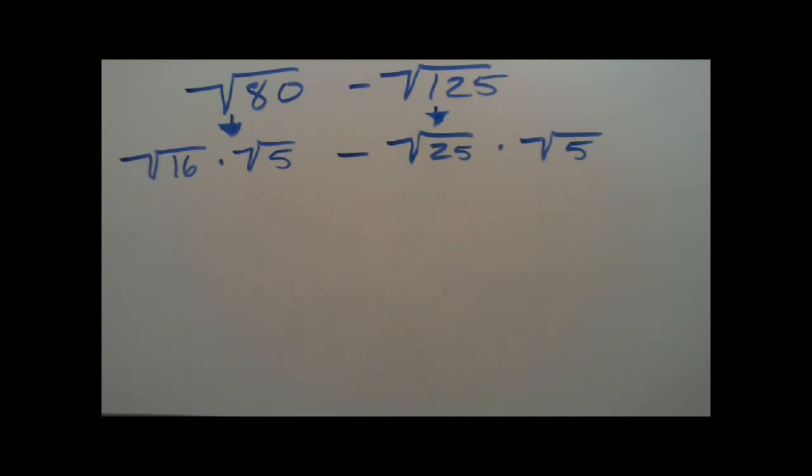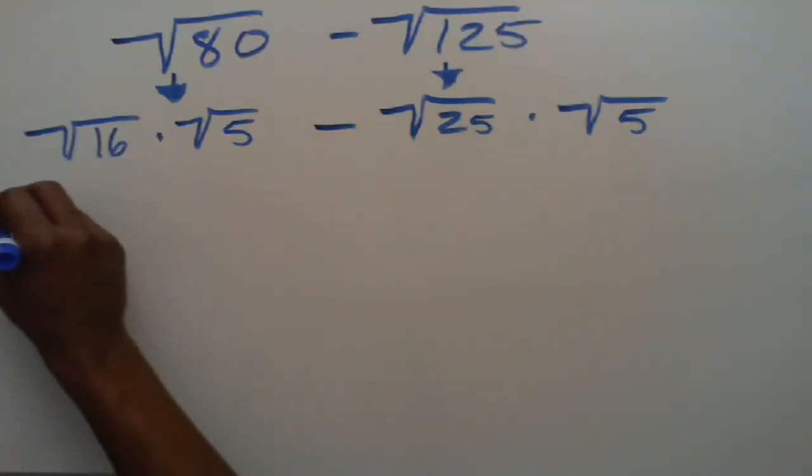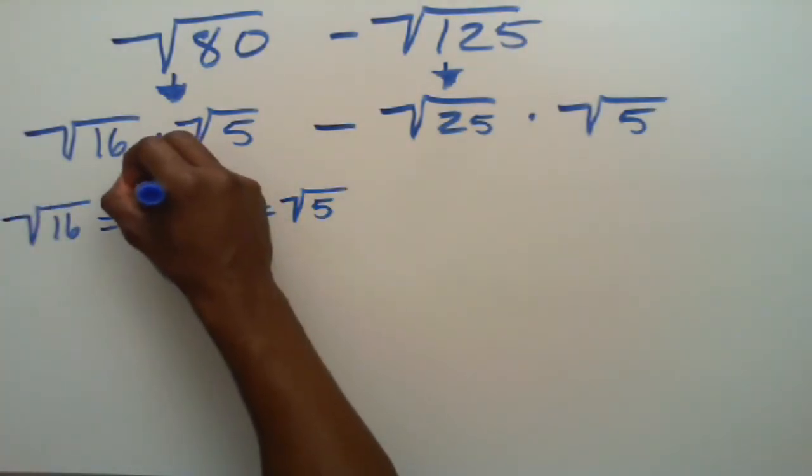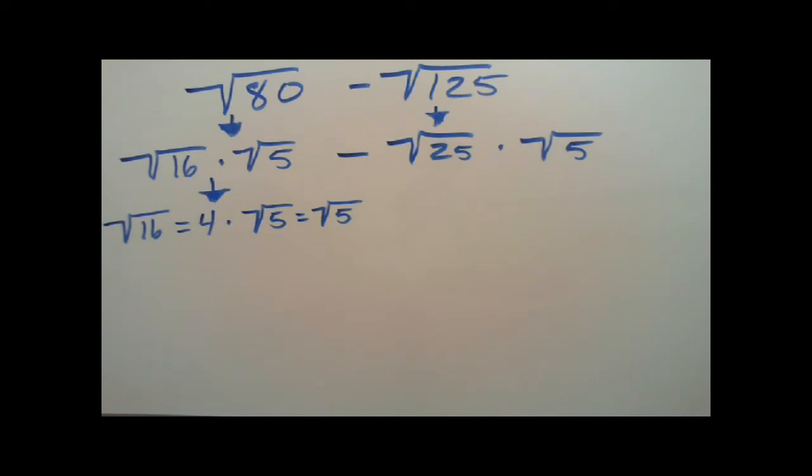Let's take the square root of 125. I know 25 goes into 125 5 times and is a perfect square. So I write that expression as the square root of 25 times the square root of 5. Now we can simplify each expression. Let's start with the first expression, the square root of 16 times the square root of 5.